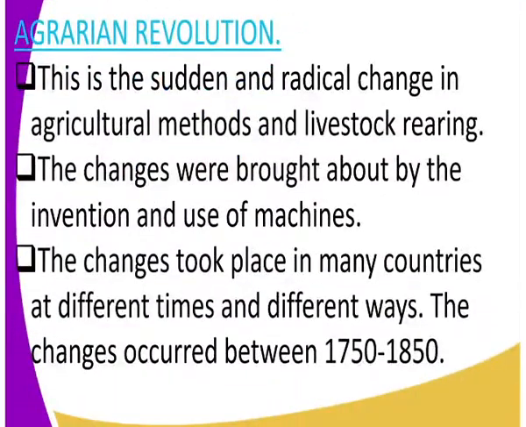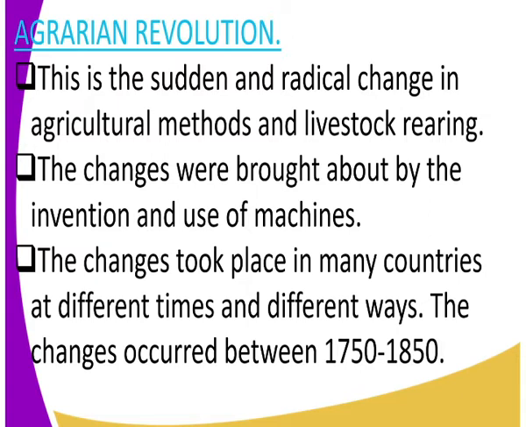Oh yes, what a very good trial. Now, agrarian revolution, we can say this is the sudden and radical change in agricultural methods and livestock rearing. What does that tell us? There is that sudden change. If you used to dig using your hand, you move to using machines. If you used not to use fertilizer when you are planting, you move to using fertilizer.